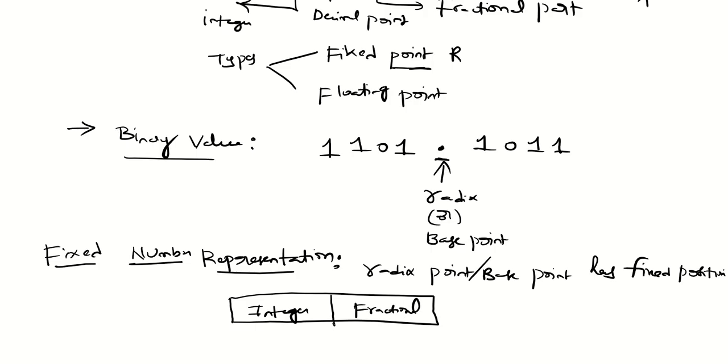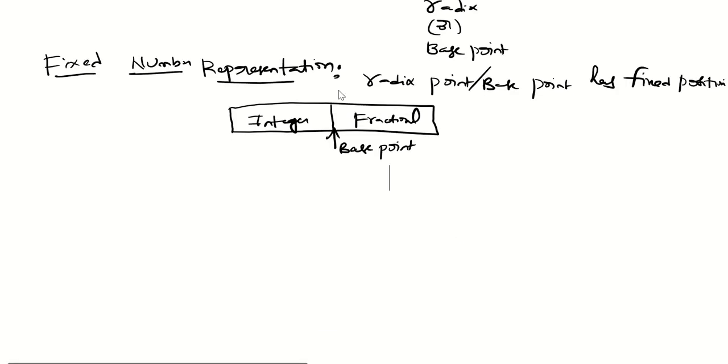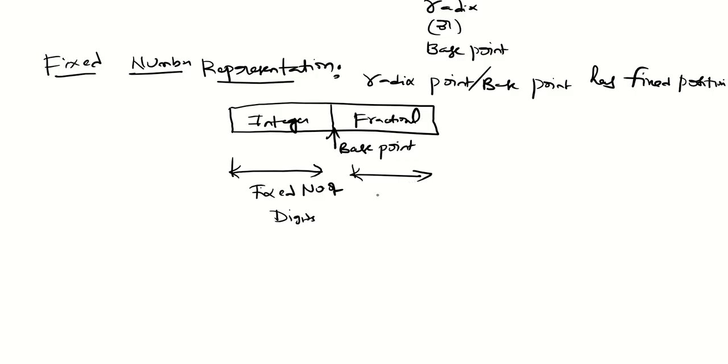This point is called a base point or radix point. This integer part has some fixed number of digits. In the same way, after the base point there is also a fixed number of digits for the fraction. Both have a fixed number of digits. That's what is called fixed point number representation.